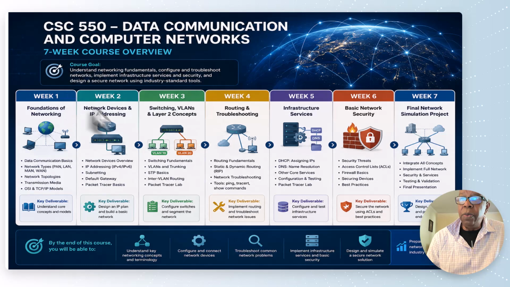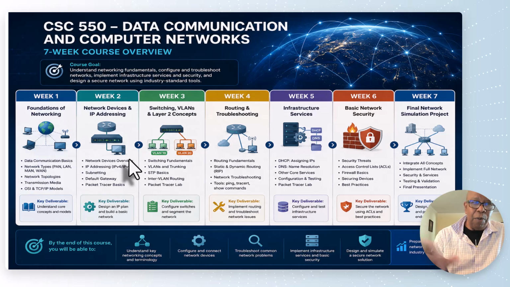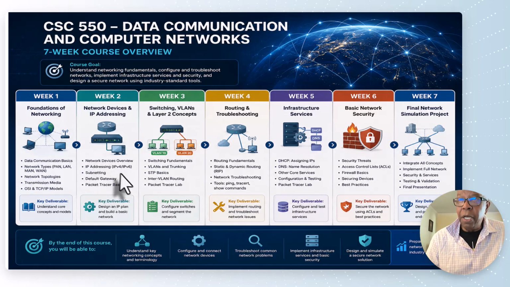In week 2, we're looking at network devices and IP addressing. We're going to be looking at a network devices overview. What are some of the devices that we're going to be using in this network world? Then subnetting.